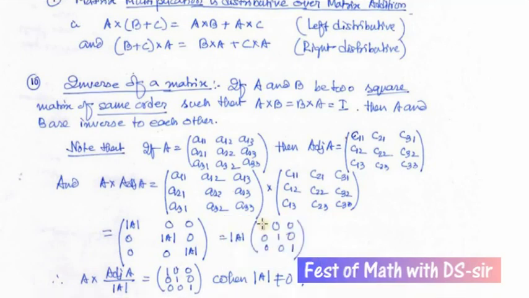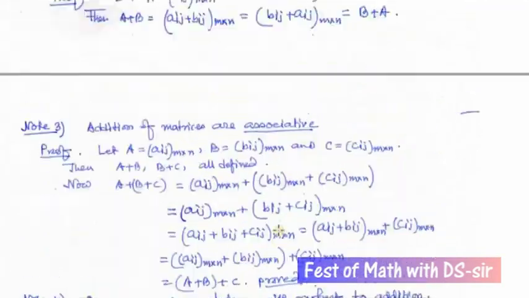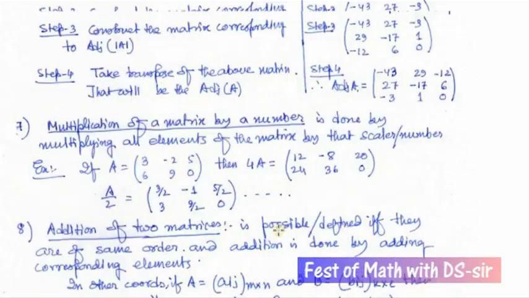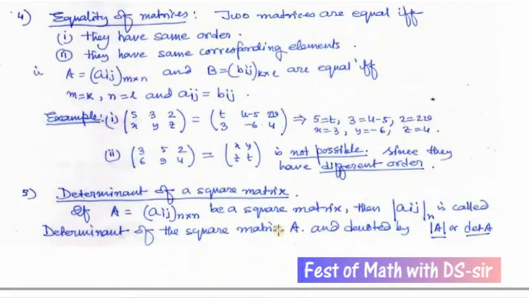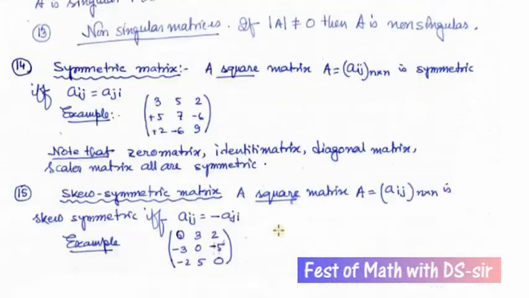If we place 3 3 3 instead of this, for example, in this determinant, go to the previous example.